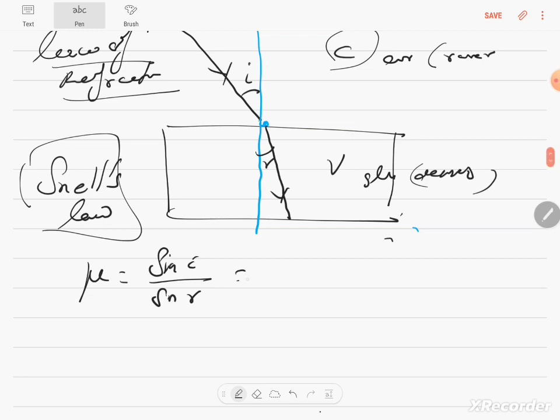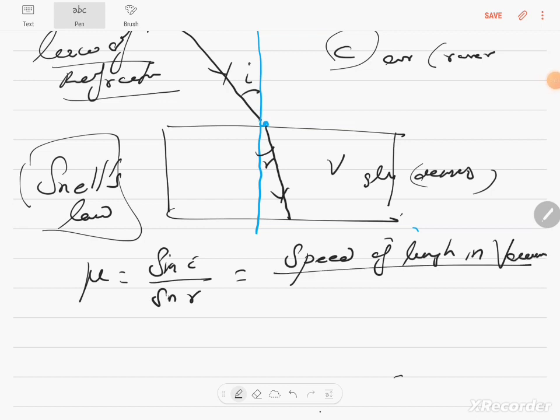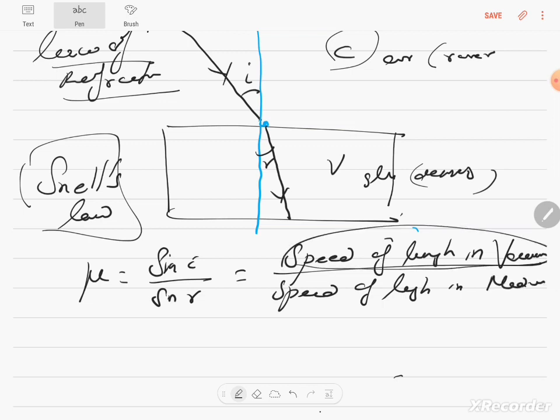Another way of saying refractive index is the speed of light in vacuum by the speed of light in medium. The speed of light in vacuum will be the highest value, so the denominator will always be lesser.